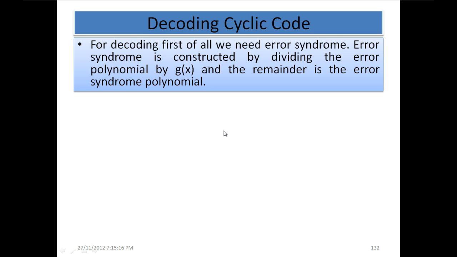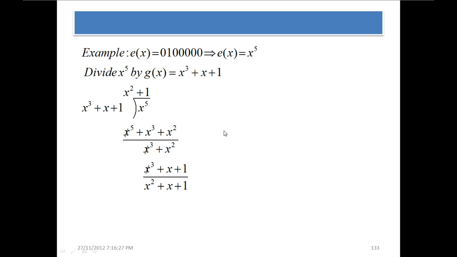Decoding cyclic code. For decoding, first of all, we need the error syndrome. The error syndrome is constructed by dividing the error polynomial by g of x, and the remainder is the error syndrome polynomial. For example, if this is the e which we are going to use, then as we can see, the total number of bits is 1 2 3 4 5 6 7. So the maximum power is 7 minus 1 is equal to 6.